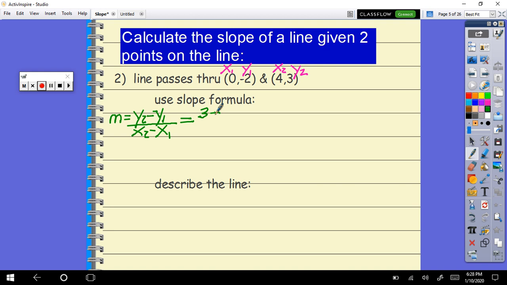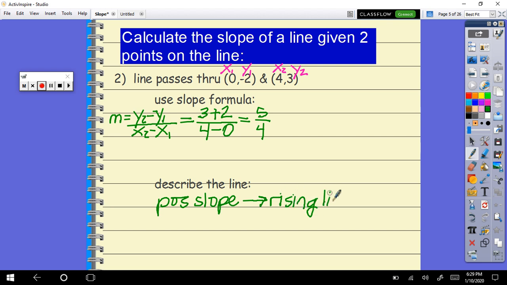Instead of saying 3 minus a negative 2, I'll just say 3 plus 2. x2 is 4, and x1 is 0. So I'm getting 5 over 4. Since my slope is positive, I know that goes with a rising line. I could use the adjective rising, but it would be really good to draw a little diagram that shows a line that rises.